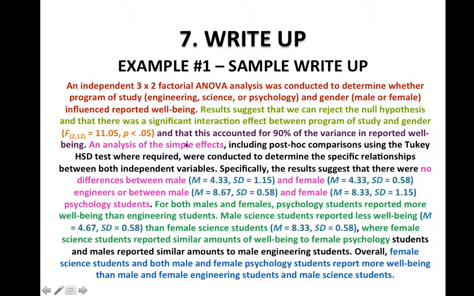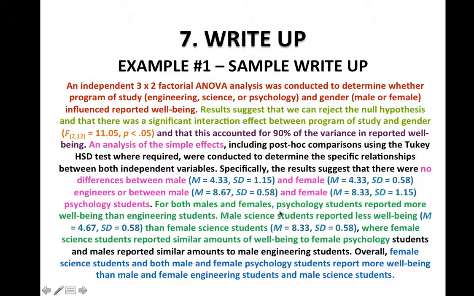An analysis of simple effects, including post hoc comparisons using Tukey HSD where required, was conducted to determine the specific relationships between both independent variables. Specifically, the results suggested there were no differences between male and female engineers or between male and female psychology students. We've reported the means for those 4 groups.